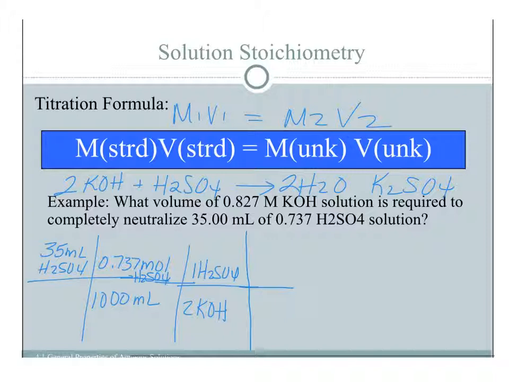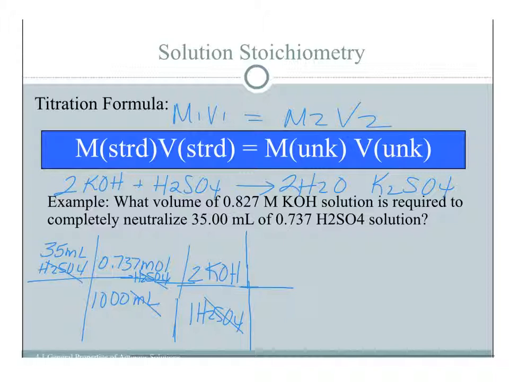And I know, oops, I just wrote this backwards, sorry. One H2SO4 going to 2 KOH. Now they'll cancel. Okay. And I know that I was told that the molarity of the KOH is 0.827 moles per 1 liter.